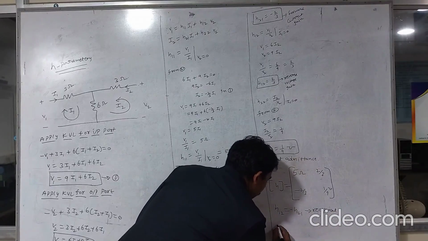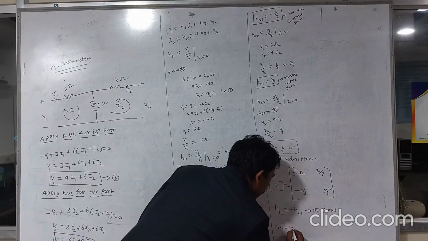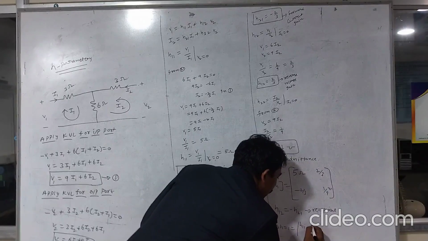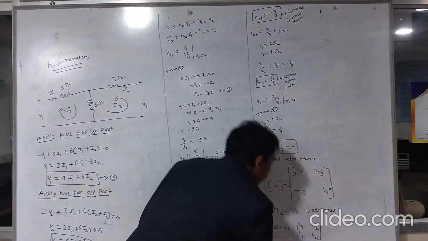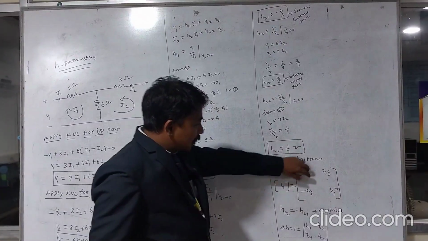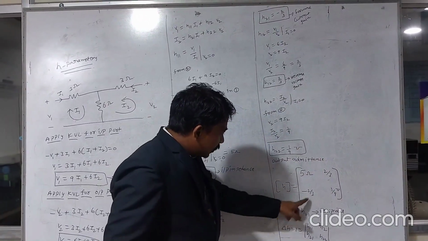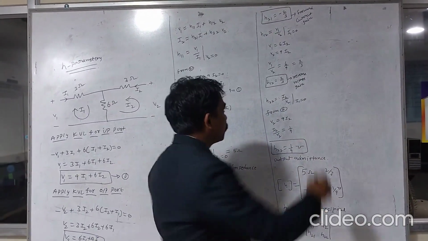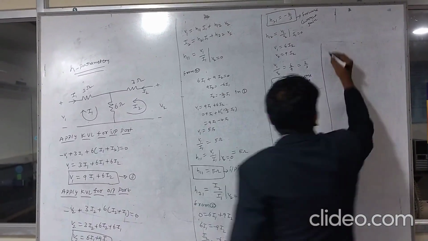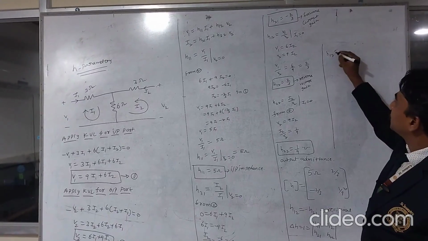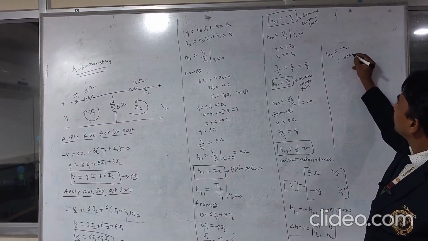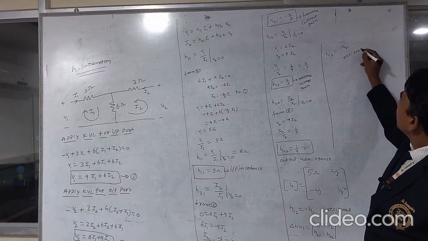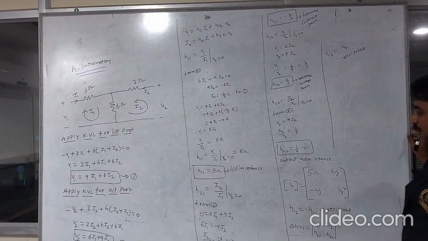In the case of symmetrical, delta H equal to 1. We'll check those things. Here the value of H12 is 2 by 3 and H21 is negative 2 by 3. So we observe that it satisfies the condition H12 equal to minus H21. So the given two-port network is reciprocal.